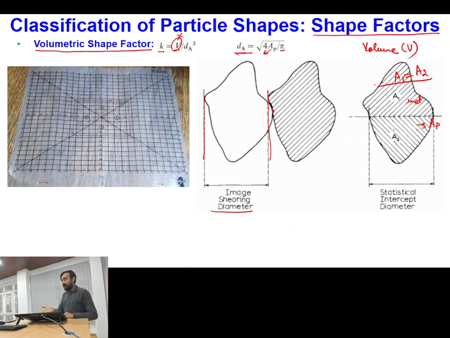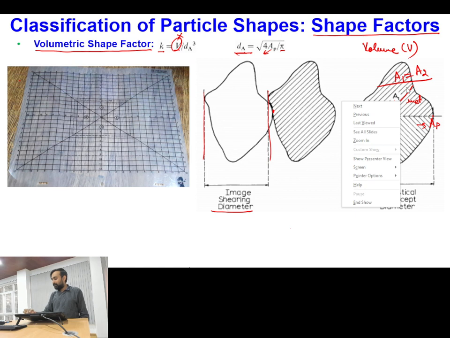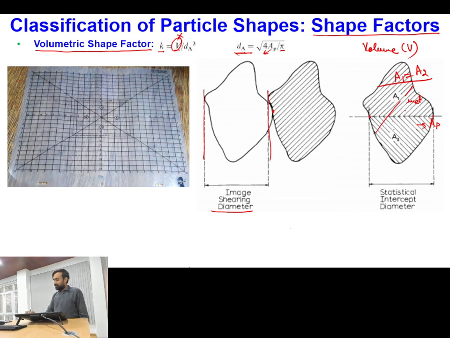Okay, so this area I have drawn a line in such a way so that my projected area is actually bisecting. Okay, so once I have done bisection of the projected area, then I will be getting one diameter. Now this bisection I can do in some another orientation. That will be my second statistical intercept diameter. Then like this I will be doing a number of statistical intercept diameters, and if I take their average, that will be another estimate of d.